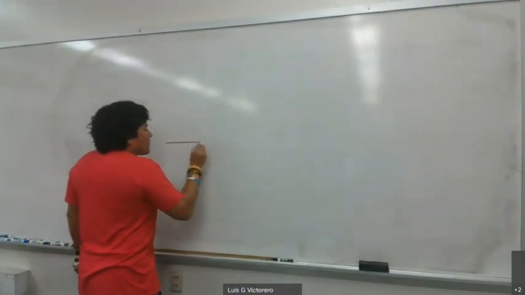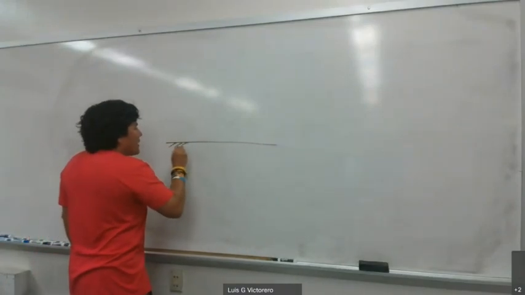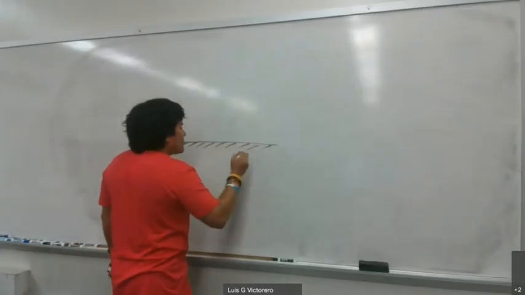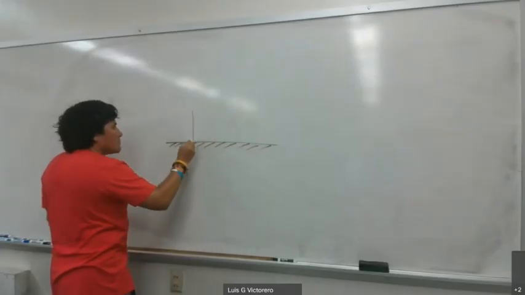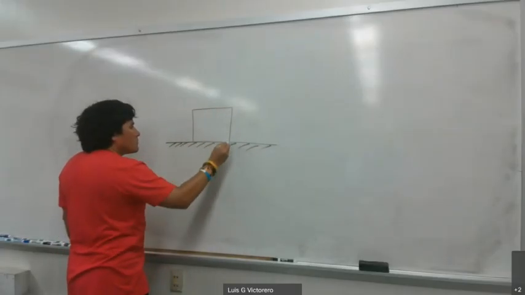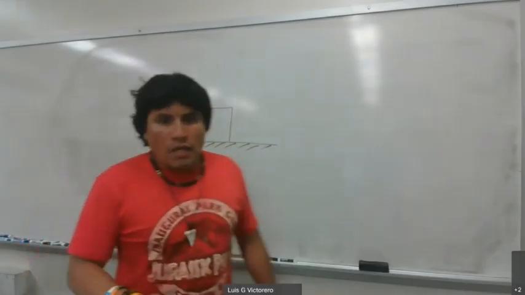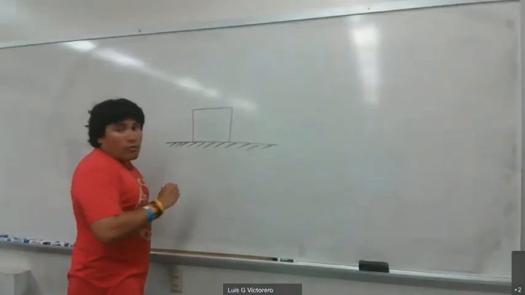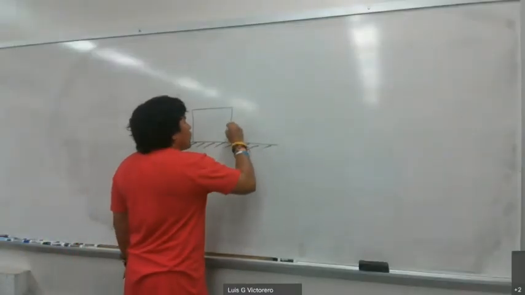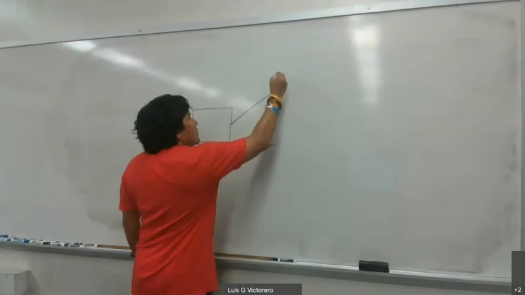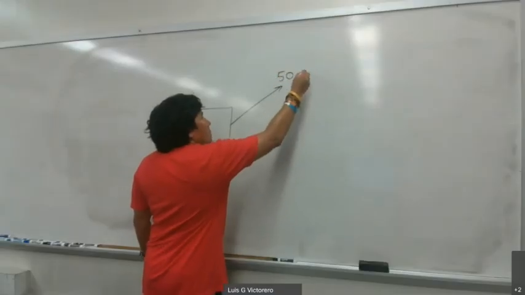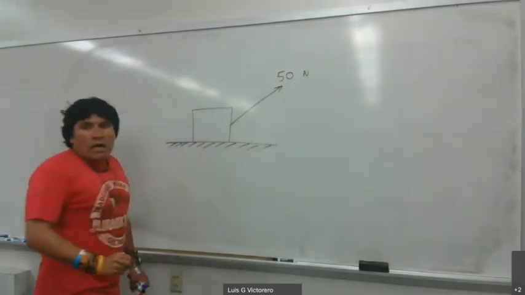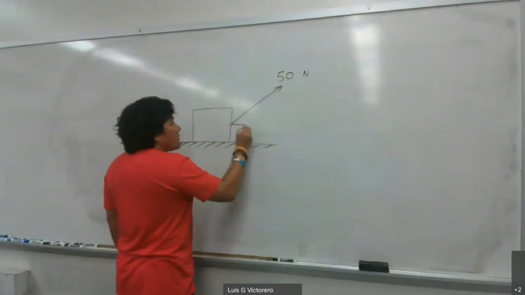So you have mass. Let's take a look at the values. They don't give you the mass, they just tell you that the force is 50 newtons. And the angle is 30 degrees.